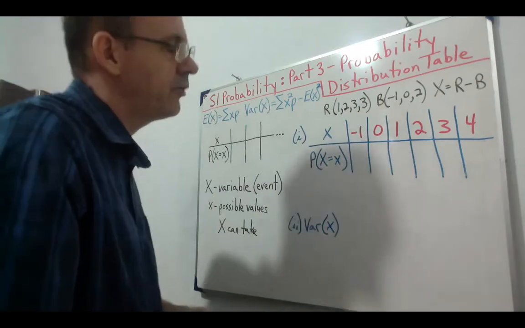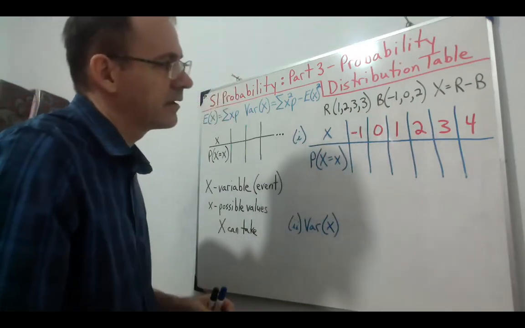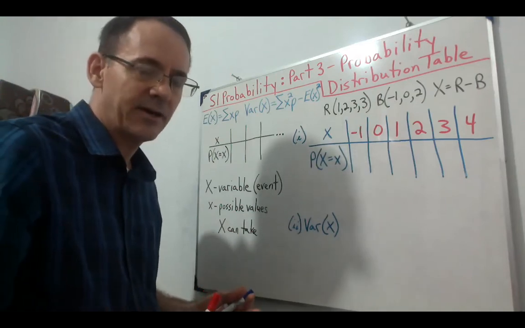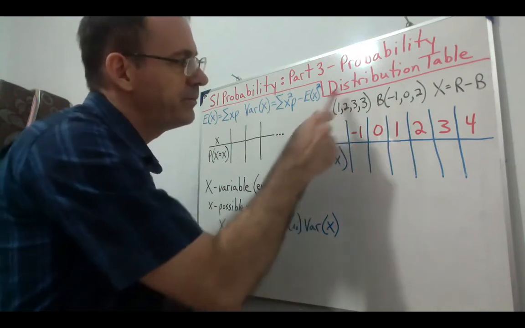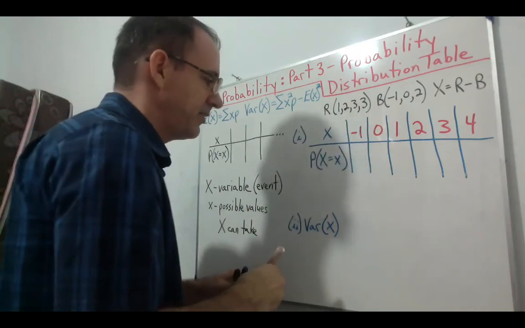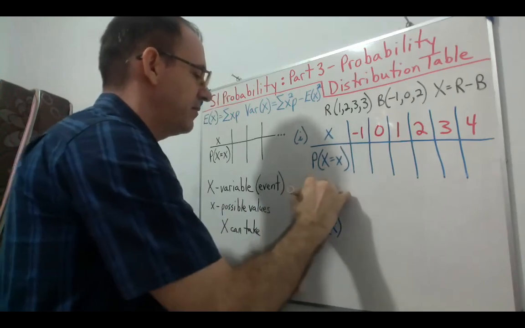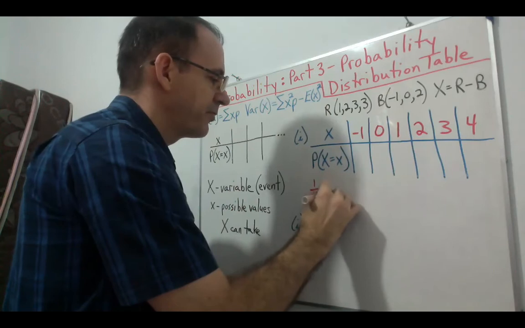So how do we go about getting the probability? Well, first, let's look at the probability of a combination here. The probability of getting any particular value of the red is 1 out of 4. And the probability of getting any one of the blues is 1 out of 3.